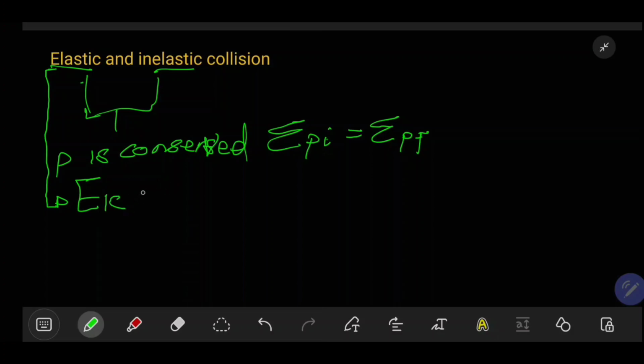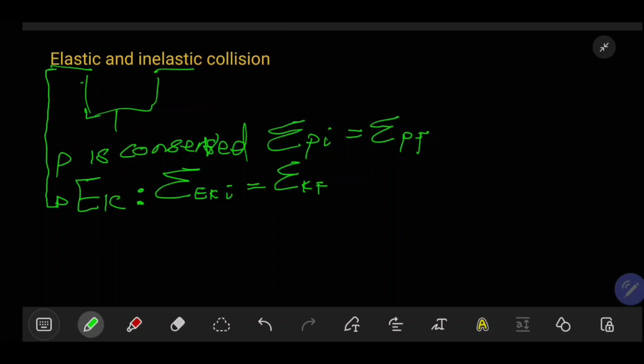By conserved, we know that it must remain the same. So the sum of EK initial must be equal to the sum of the kinetic energy in the final stage. The momentum and the kinetic energy are both conserved.